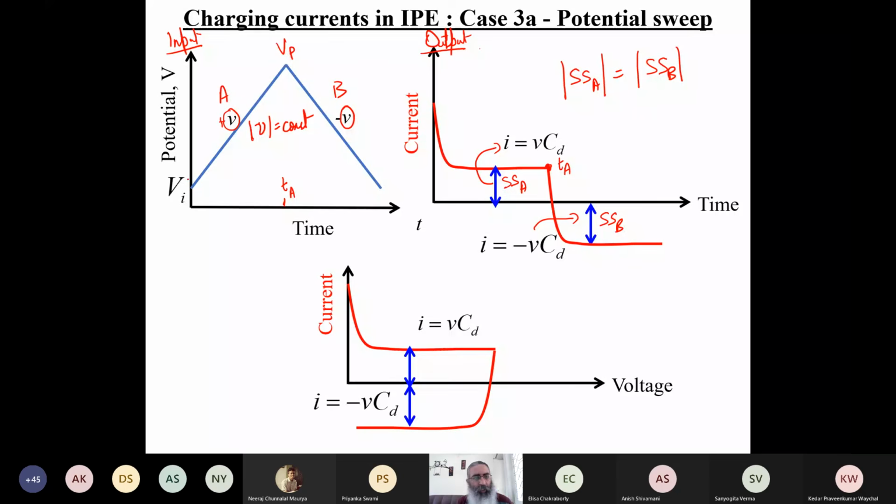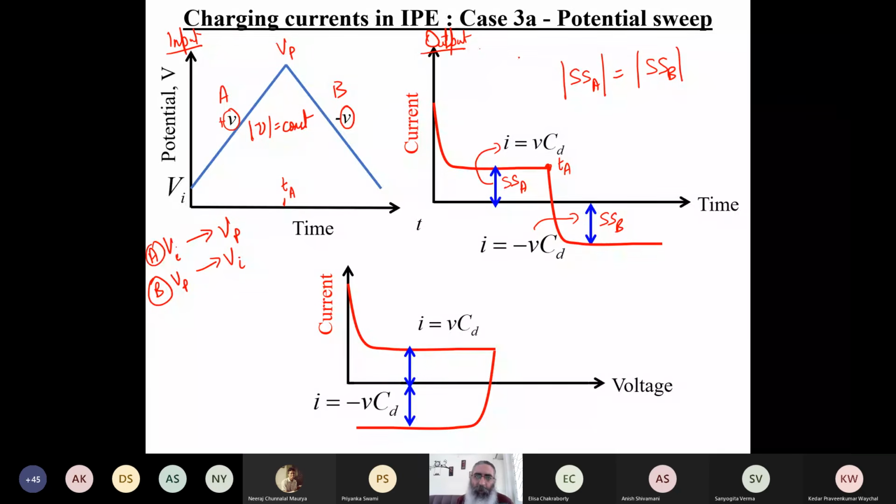This essentially means that this hill you see in the input, I'm going from VI to some value VP, which is the peak potential, and then VP is going back to VI. This is the A part, this is the B part. So I'm going from one potential to another and then coming back on the same track to the initial potential.